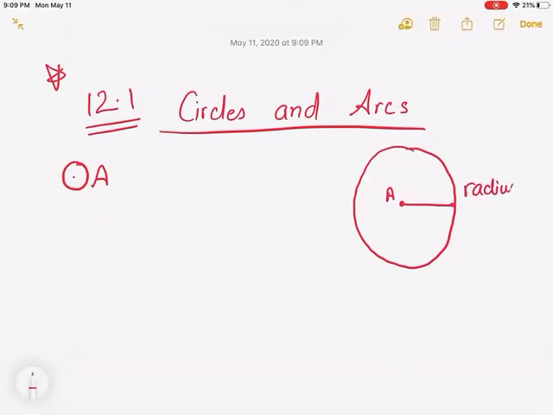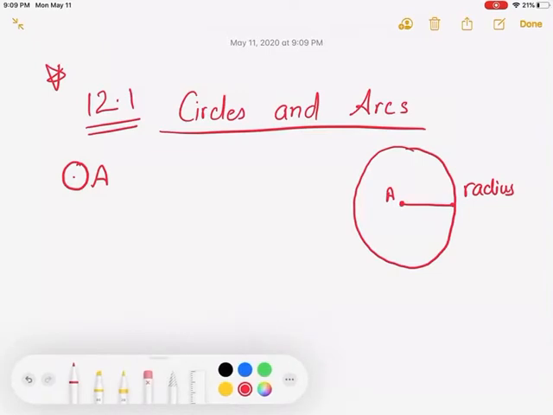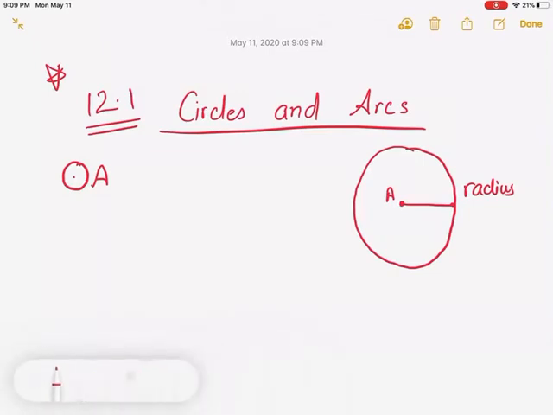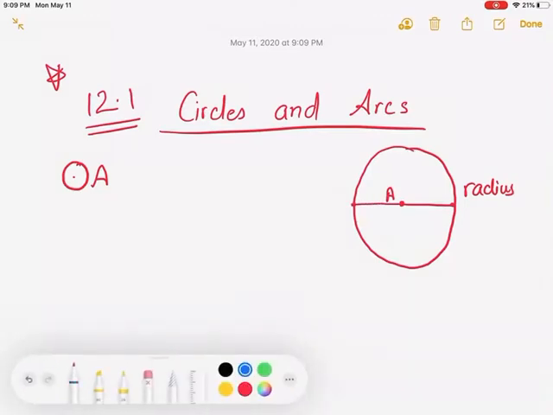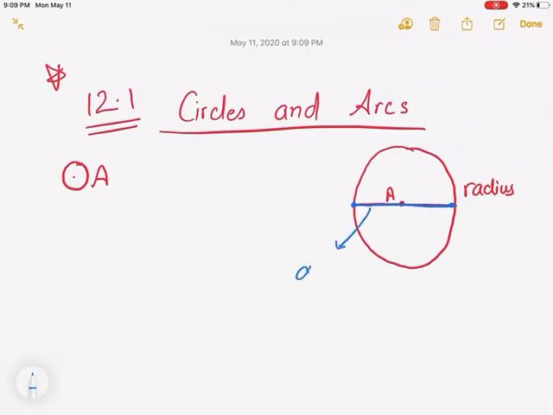Now if I extend this line segment and put it on the other side, what I see is a line segment that goes from one side all the way to the other side of the circle, and it passes through the center point. So this entire line segment is called the diameter of the circle.